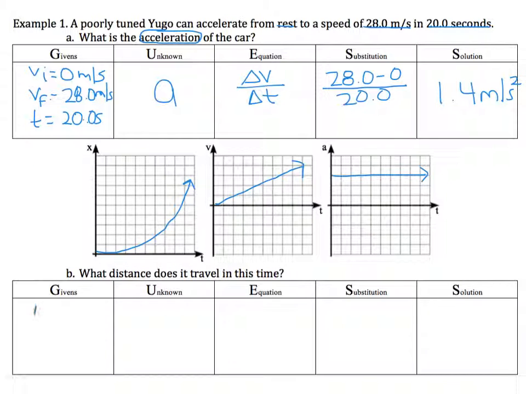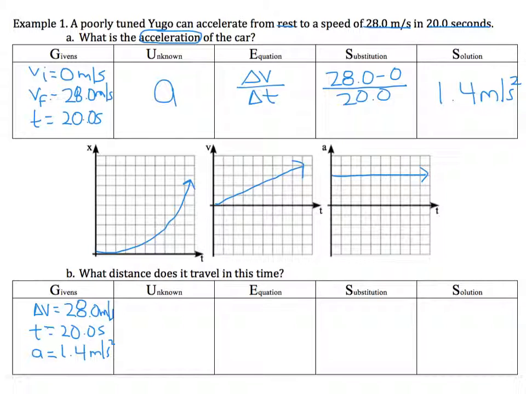We had our change of V calculated from above as 28, our T as 20, and our A from the previous problem at 1.4.